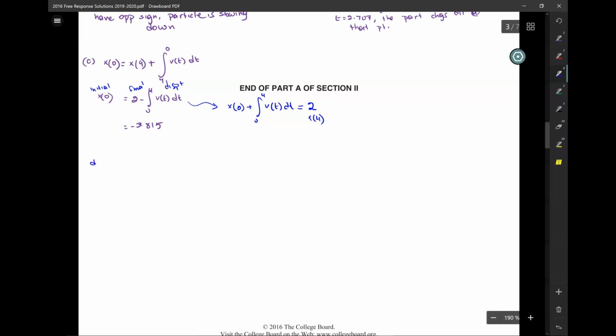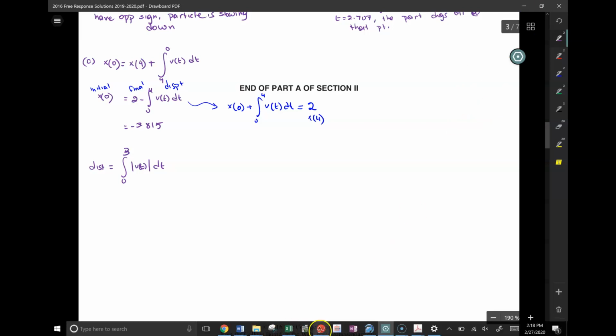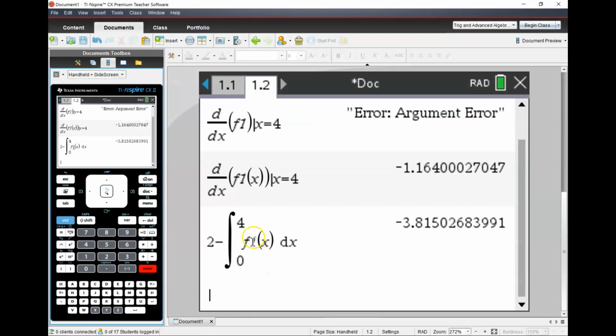So part D, it wants the total distance. And that's the integral from 0 to 3 of the absolute value of v of t dt. That's all you have to show. And then when you come here, it's up to you what you want to do.